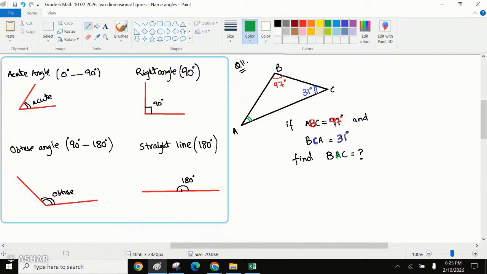How 52? How did you find your answer? I need the reason, the logic, right? Your answer is perfect. Yes, BAC is 52 degrees. Your answer is perfect, Prithvi and Quinn.